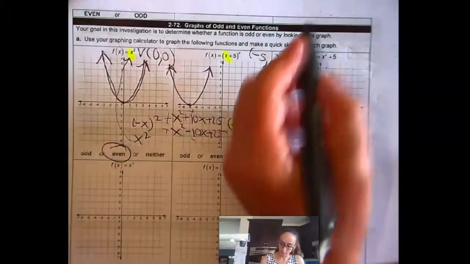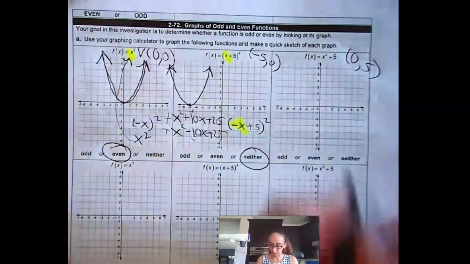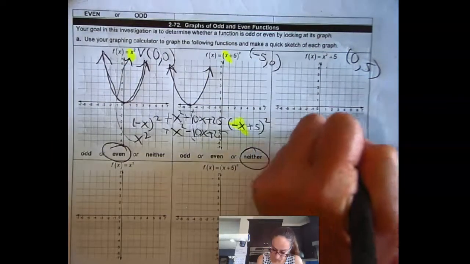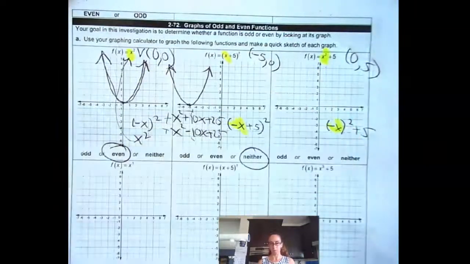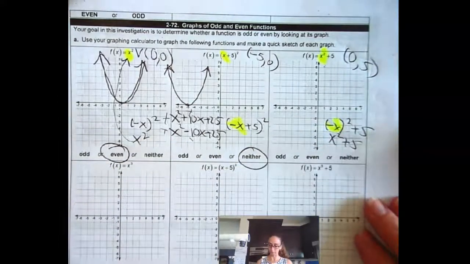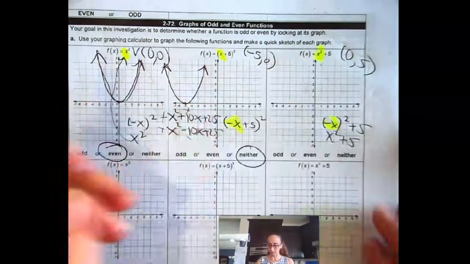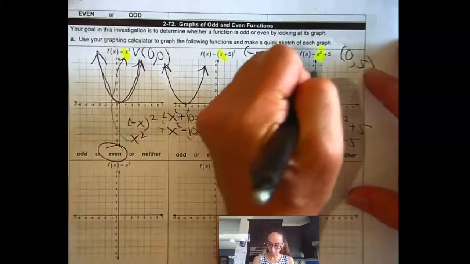This one, what is the vertex? 0, 5. So I'm going to take negative x, and I'm going to plug it in. If I do that, I get x squared plus 5. Hey, they're exactly the same. It's even. How would I graph it? Up 5.